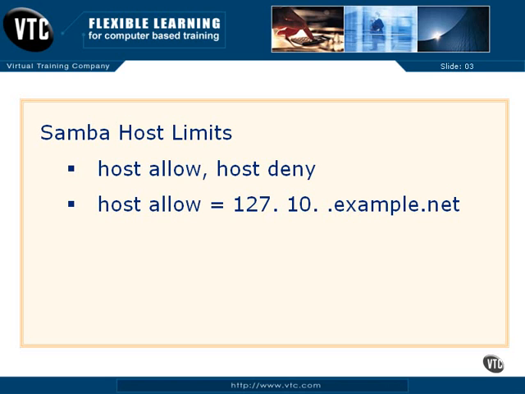You can substitute localhost for that address. The 10. address, which corresponds to the 10.0.0.0 network address. And all systems on the example.net domain. For example, ns.example.net would have access to this particular share.